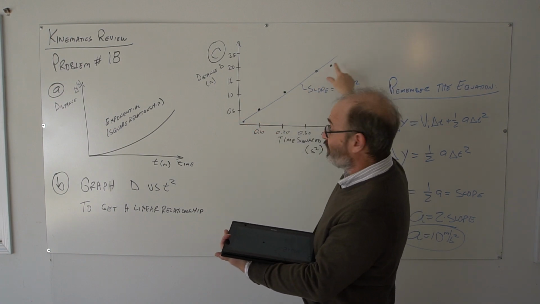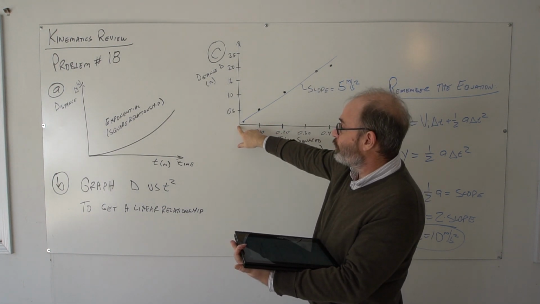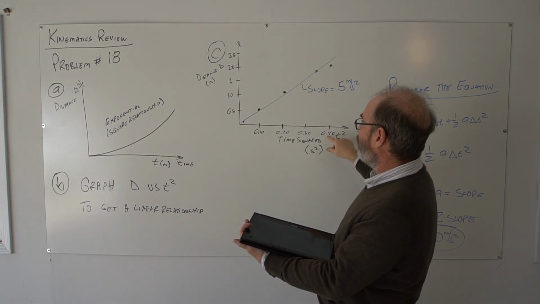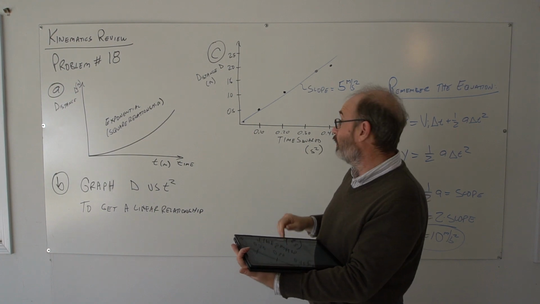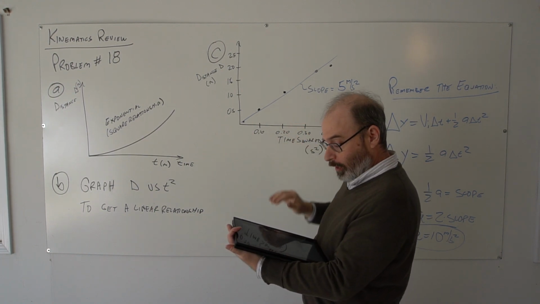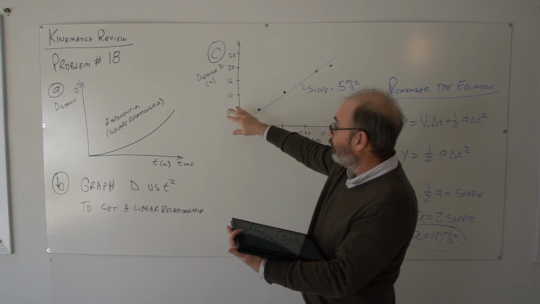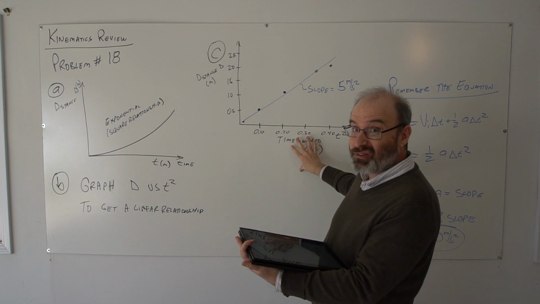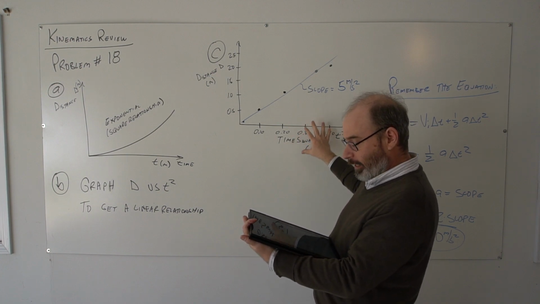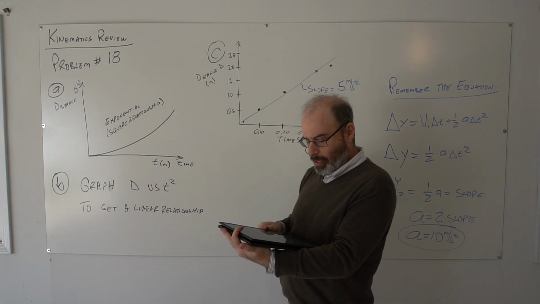I drew a best fit straight line. The rise is 2; go from 0,0 to 2.4, so 2 divided by 0.4, and you get 5 meters per second squared. That is the slope. We did label the axes and show the scale: determine an appropriate scale, and then graph it so it fills the entire graph.